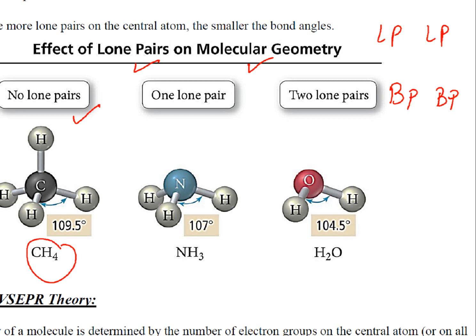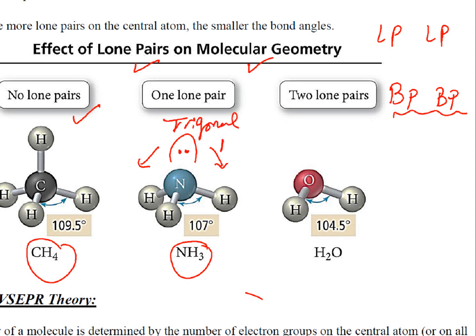In the ammonia molecule, ammonia has 1 lone pair. The presence of the lone pair is going to push the bond pairs, bringing them closer, because bond pair and bond pair have the minimum repulsion, decreasing the angle to 107 and changing the molecular geometry into trigonal pyramid.